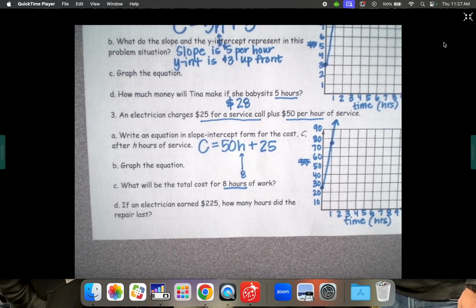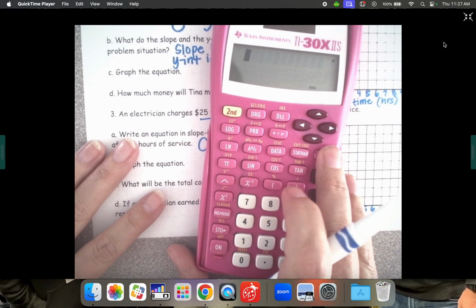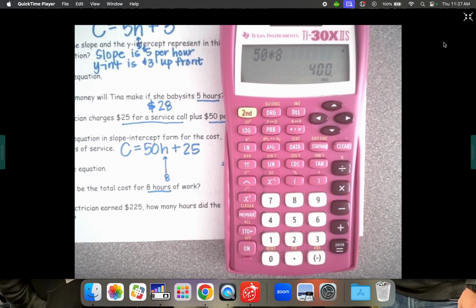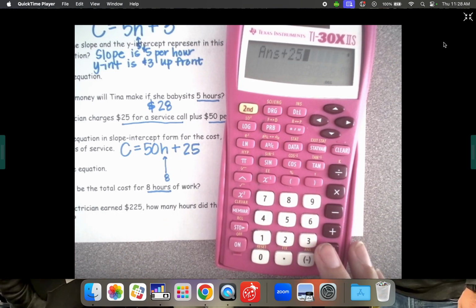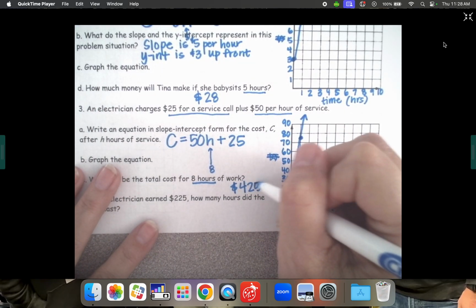So 50 times 8 is, okay, I know it's 400, but I'm going to do it in my calculator because you guys can always use a calculator. So 50 times 8, and then we are going to add the 25 because remember, they're also charging us $25 just to show up. $425.